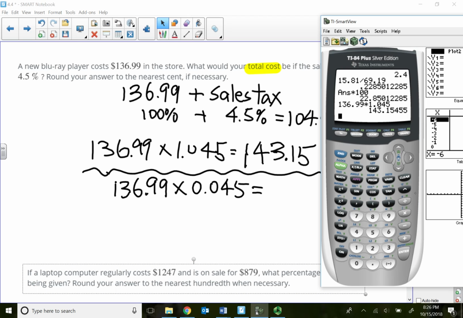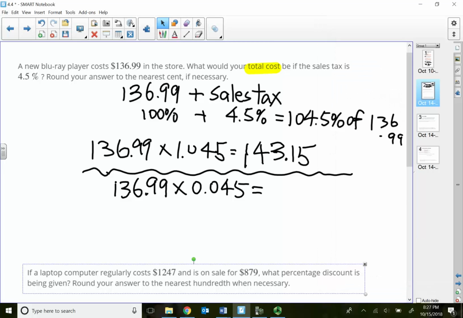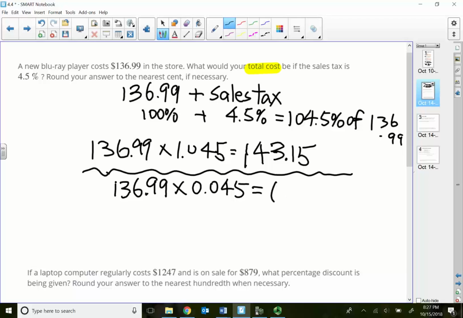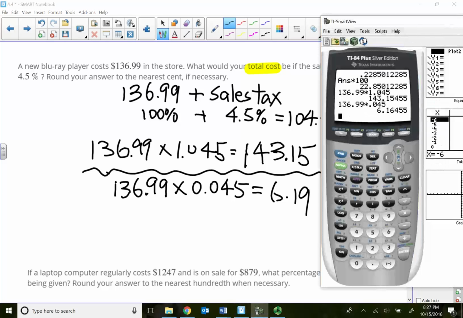Once I find my sales tax, which is $6.16, I'm going to add that back to the $136.99.